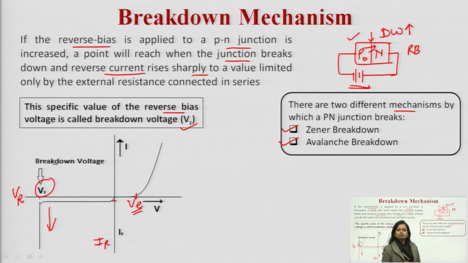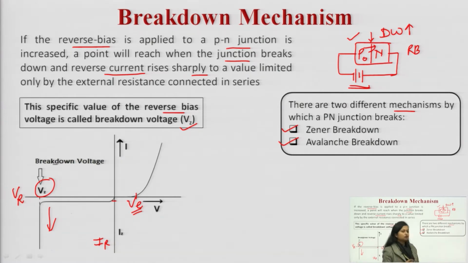Breakdown is now clear to you, but let us understand what Zener breakdown is, what Avalanche breakdown is, what the difference between the two is, and how to say whether a situation is a Zener breakdown or an Avalanche breakdown. So you must listen to both mechanisms in detail.